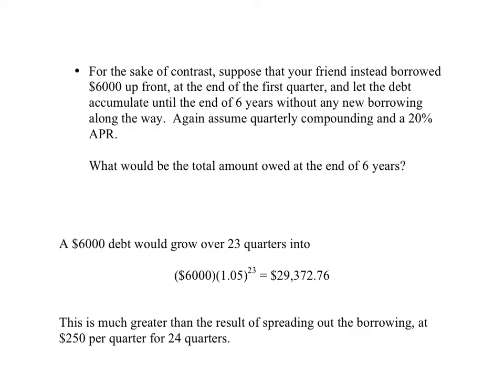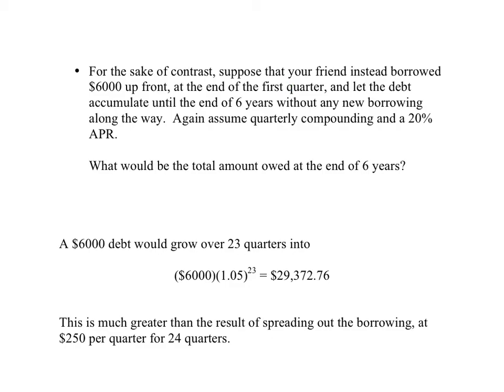We remarked that the total amount of money that your friend is actually receiving over those 6 years of borrowing $250 a quarter is a total of $6,000. What if, instead of taking out these small $250 loans every quarter, your friend just borrowed the whole $6,000 up front, at the same time as that first little loan would have been, namely at the end of the first quarter?